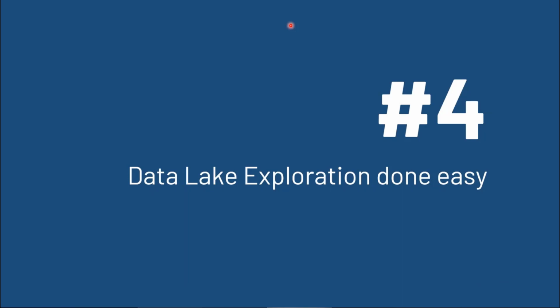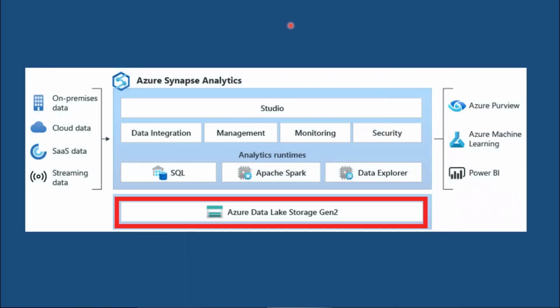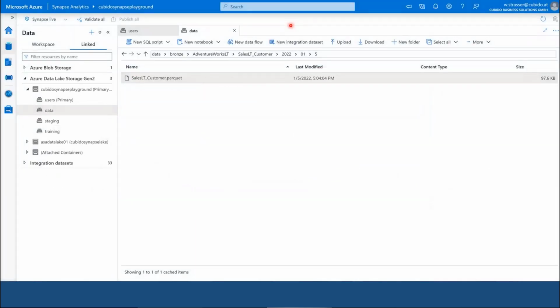And let's imagine we've already filled our data lake, because Synapse contains and uses a data lake. So there's a central data lake storage. And imagine we filled that data lake with data coming from different sources, relational, structured, unstructured, and we want to do some data exploration.